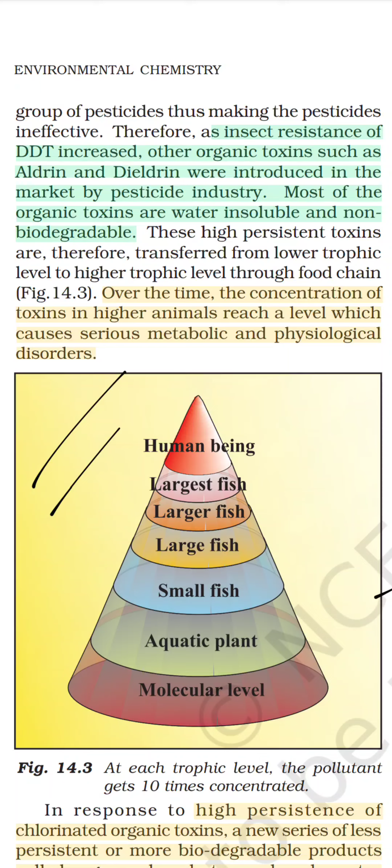Most of the organic toxins are water insoluble and non-biodegradable. These highly persistent toxins are therefore transferred from lower trophic level to higher trophic level through the food chain.